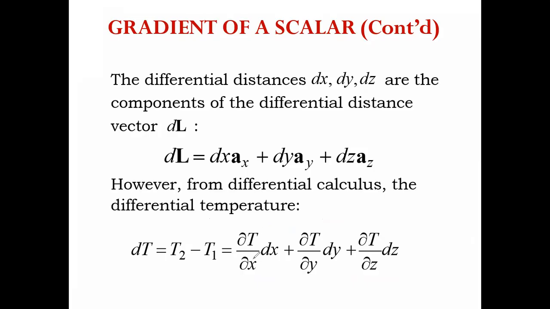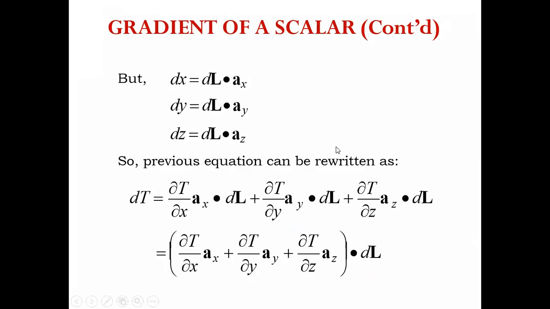Do you want to say something? No, no. Okay, good. Now see, what I was trying to ask: dl is dx ax plus dy ay plus dz az. If I take the dot product with ax, ax dot ax is 1 and all other dot products go to 0.